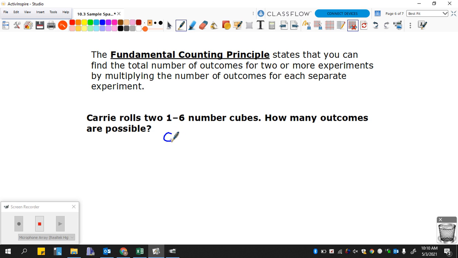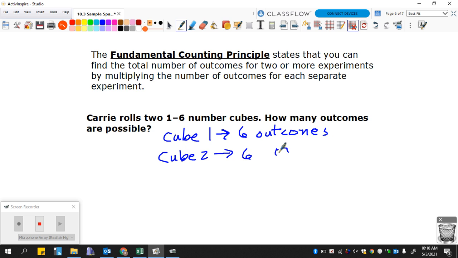So cube 1 has 6 outcomes, 1, 2, 3, 4, 5, and 6. And cube 2 also has 6 outcomes, okay? So the possible outcomes are 6 times 6, which is 36, okay? So there are 36 possible outcomes.